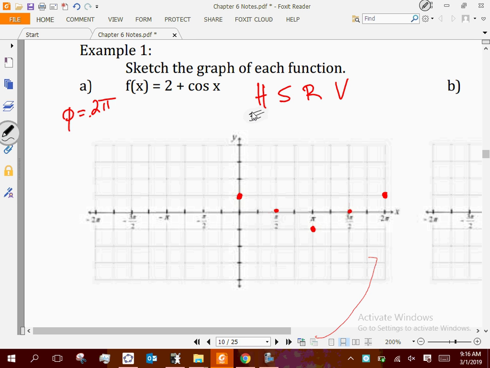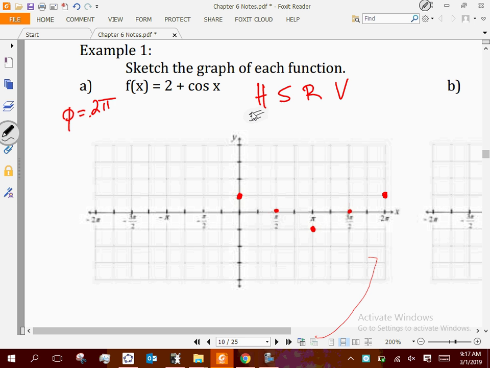The next thing you want to do is your reflections, whether they be x-axis or y-axis reflections, and then finish it off with a vertical translation. The reason we do that, if you go back to college algebra, is that if I flip-flop the R and the V, when I do a vertical shift, the axis of reflection actually shifts with it. Does that make sense?